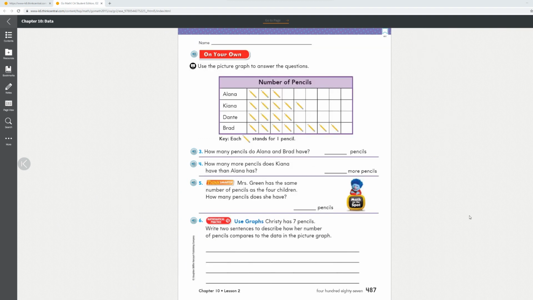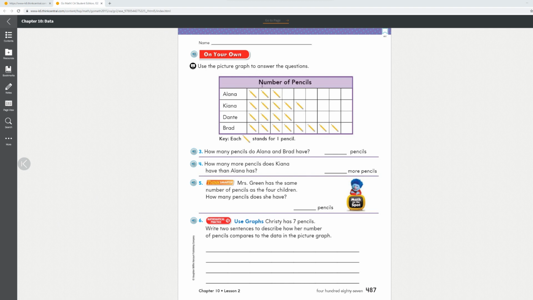Alright students, we are now on page 487. On your own now, use the picture graph to answer the questions. So questions numbers 3 through 6, we are going to be using this picture graph to help us answer the questions. So first of all, we want to start by figuring out what the survey is about.